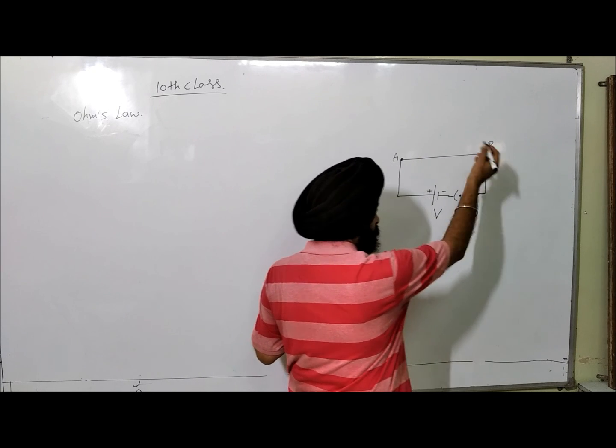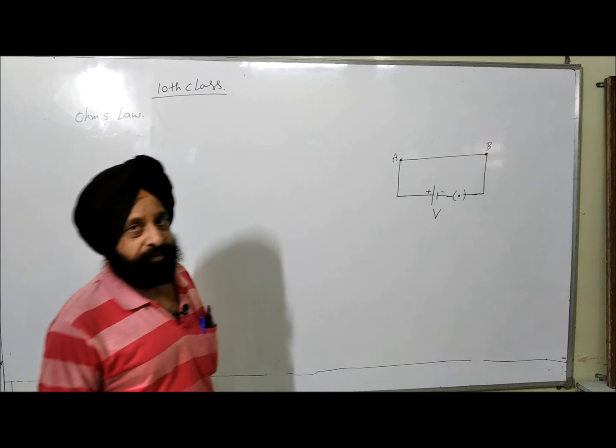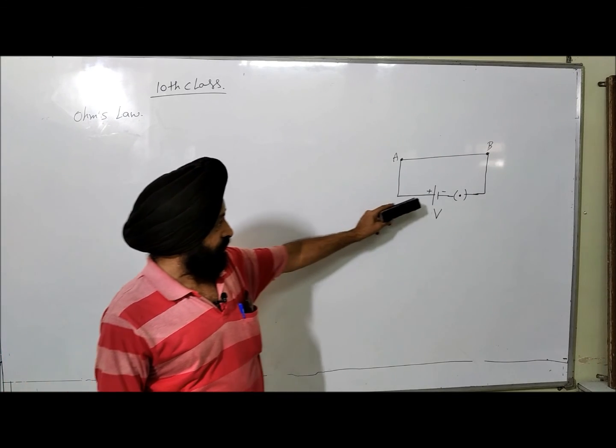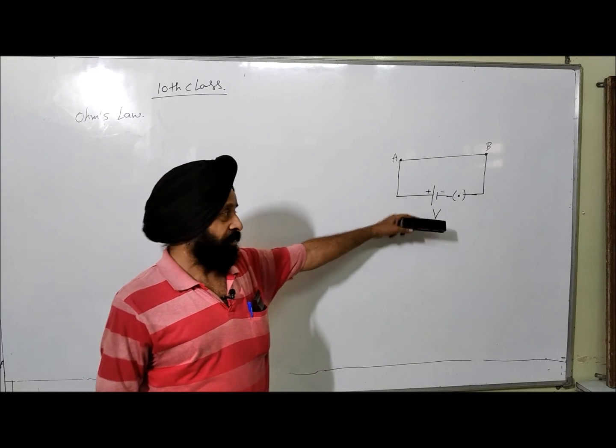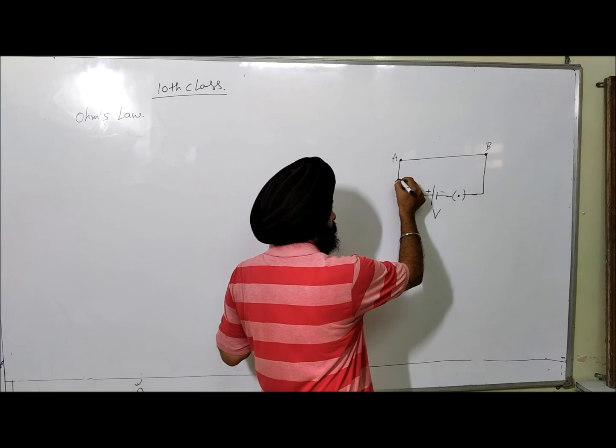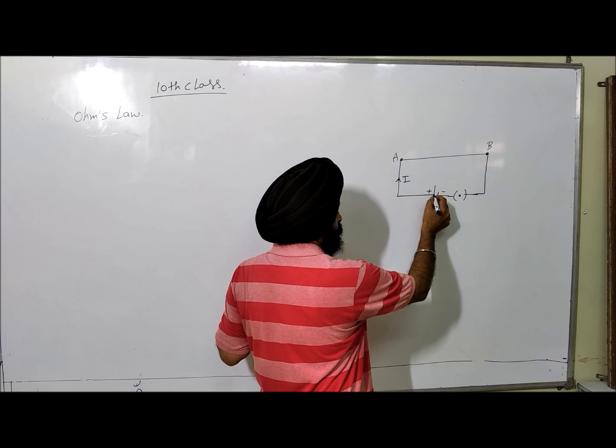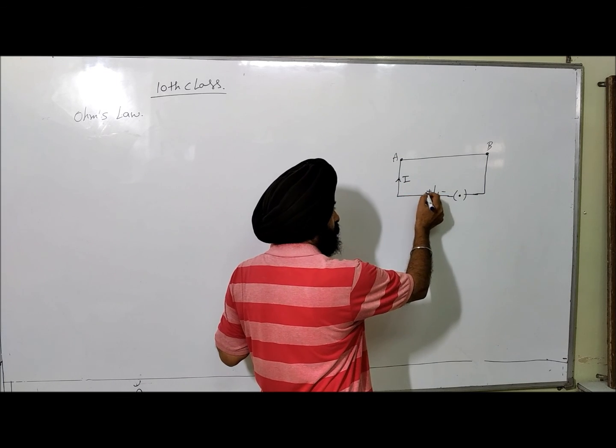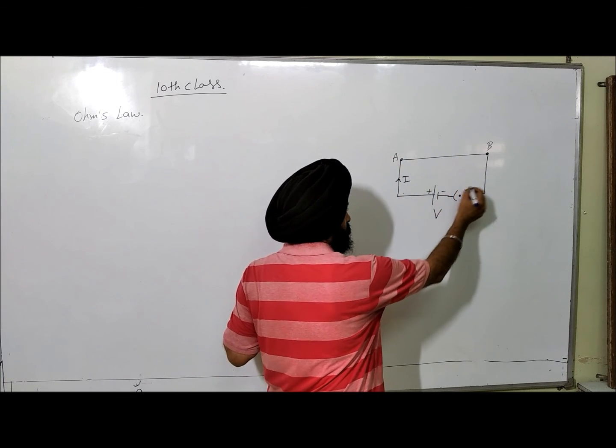So the current flows through the conductor. Current I flows from the higher potential to the lower potential.